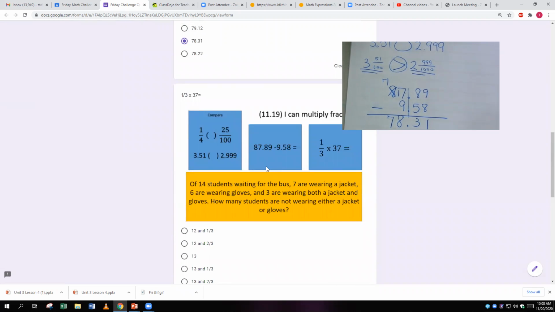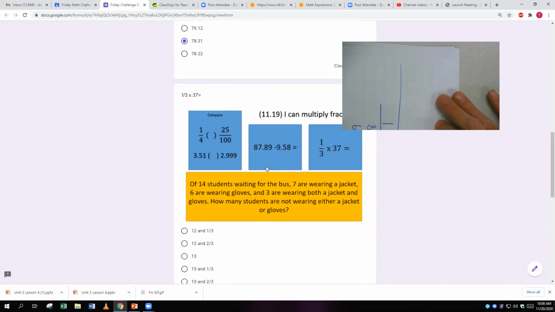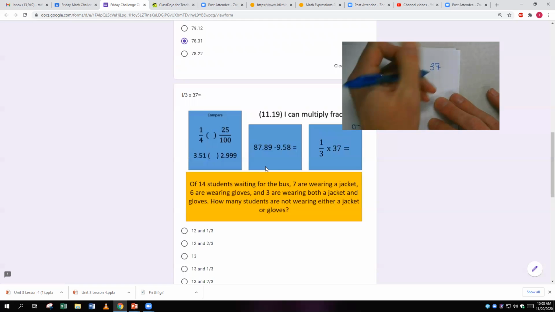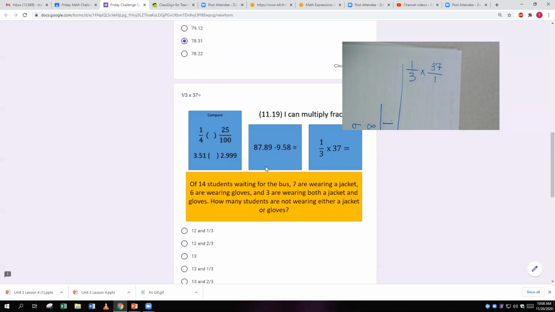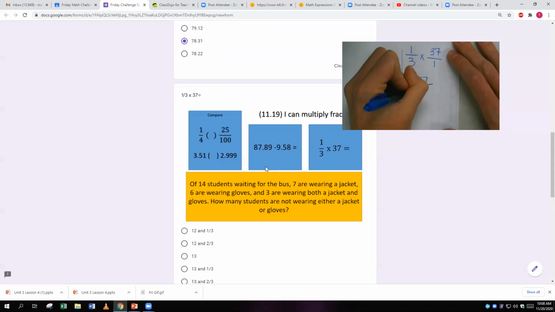Now we have a third of 37. So we have 1/3 of 37. And the only way to multiply fractions is by turning them both into fractions. You cannot multiply a fraction and a whole number. 37 times 1 is 37. 3 times 1 is 3.